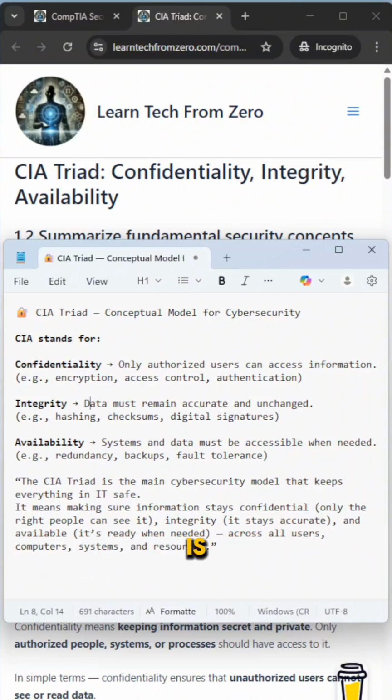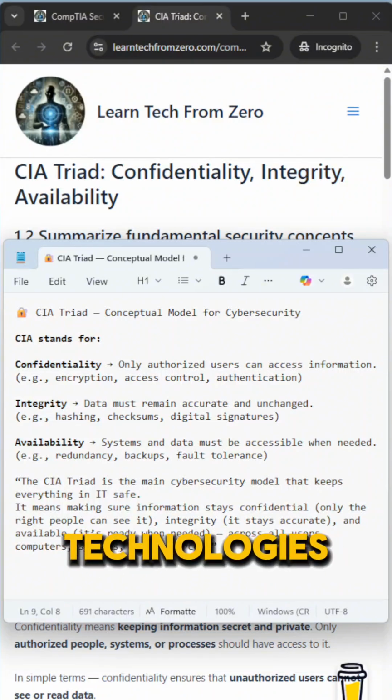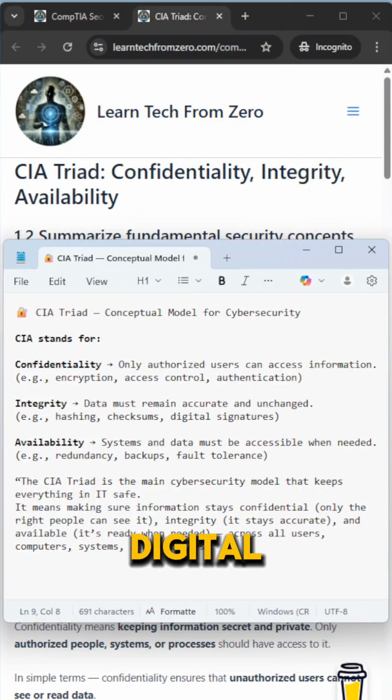Confidentiality. Integrity is: data must remain accurate and unchanged. Integrity means data should not be changed. If data has been manipulated, or if any information has been changed, there are ways you can find it. We use technologies like hashing, checksums, and digital signatures.